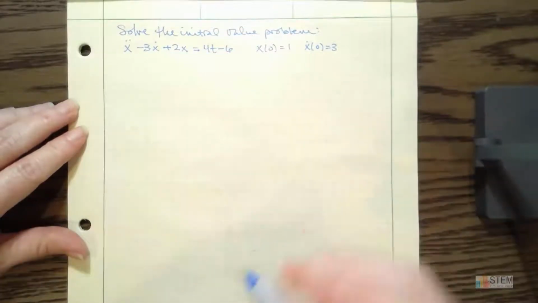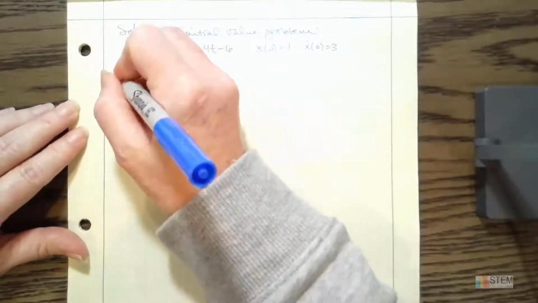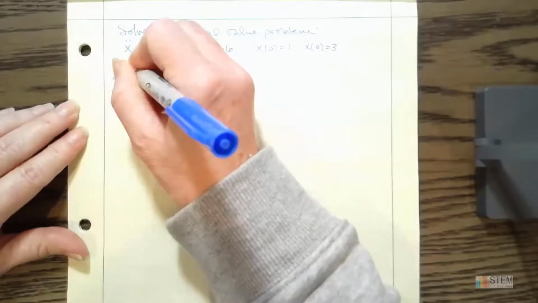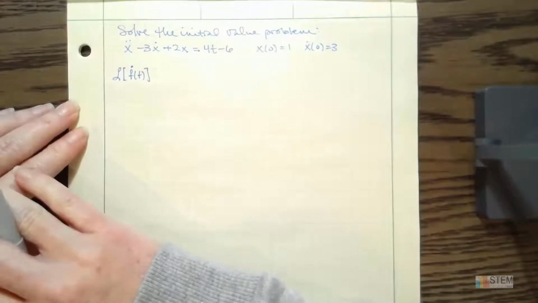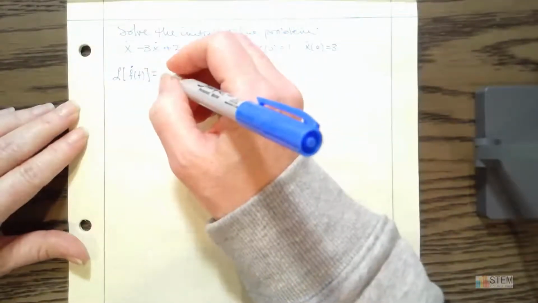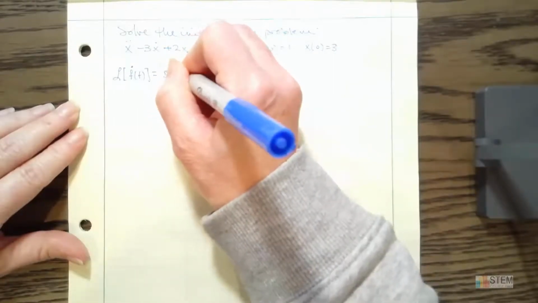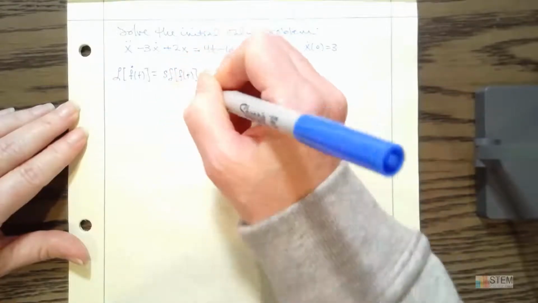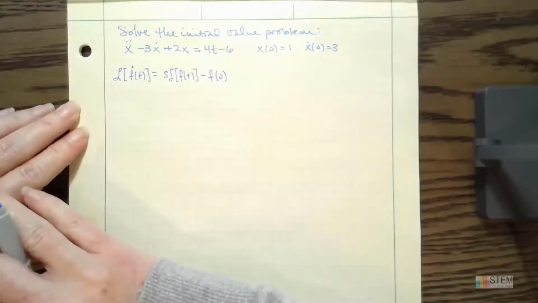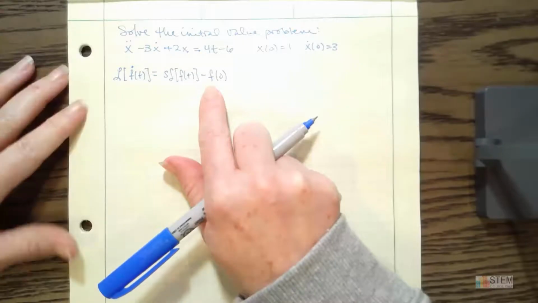So I want to use Laplace transforms to solve this. So remember, for Laplace transforms, let's write this down. If I've got the first derivative of a function, so f dot, then if I take the Laplace of that, what I'm going to have is s times the Laplace of the function f of t minus f at t equals 0. Okay, so f here is just a generic function.